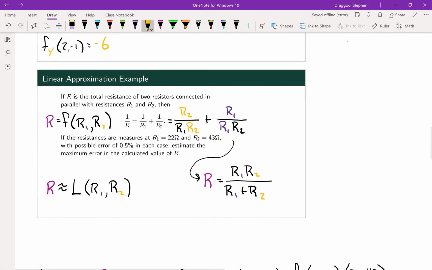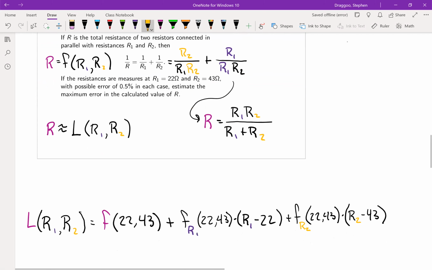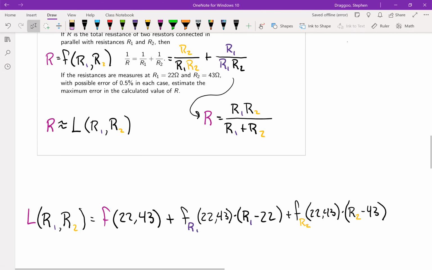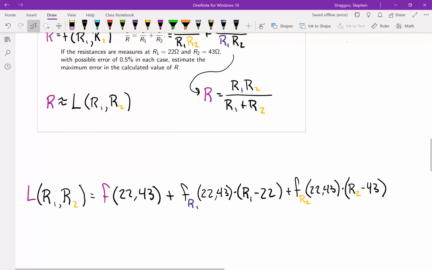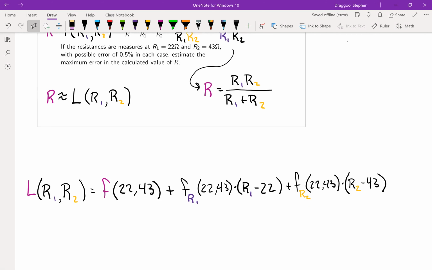So if I scroll down, here I've got the equation for the linearization. The linearization at a point is equal to the function value at that point plus a partial derivative with respect to the first term plus a partial derivative with respect to the second term. And if we break down what this all means, then that first term is just f of 22 and 43.